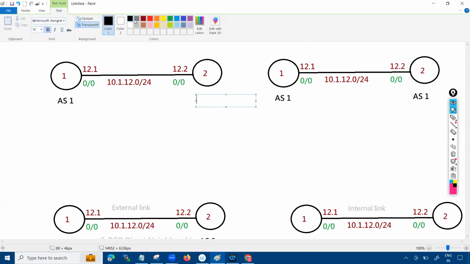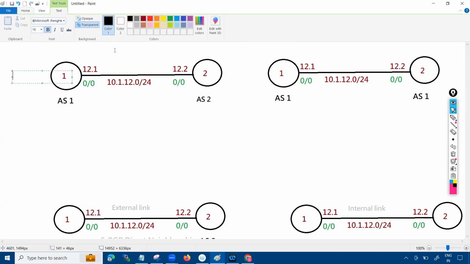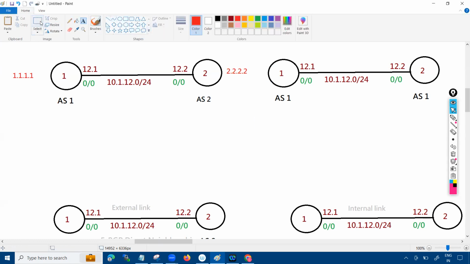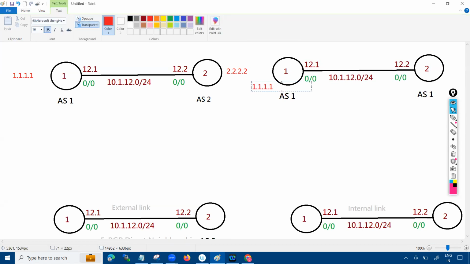AS number 2. We have a loopback behind router number 1, and we have a loopback behind router number 2. Same way, we have a loopback behind router number 1, and a loopback behind router number 2.